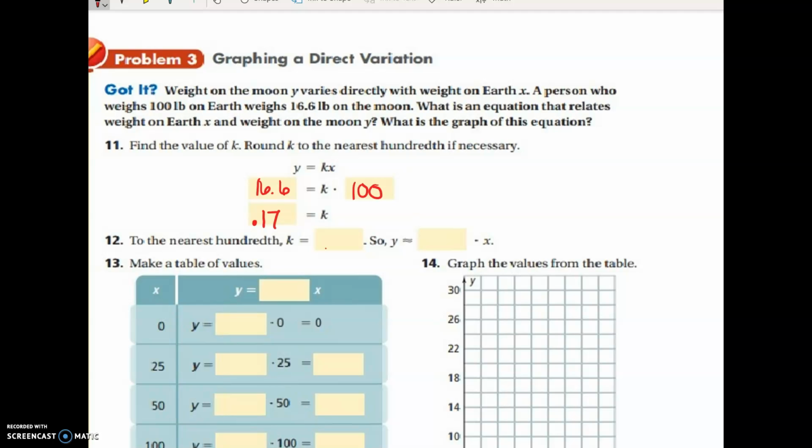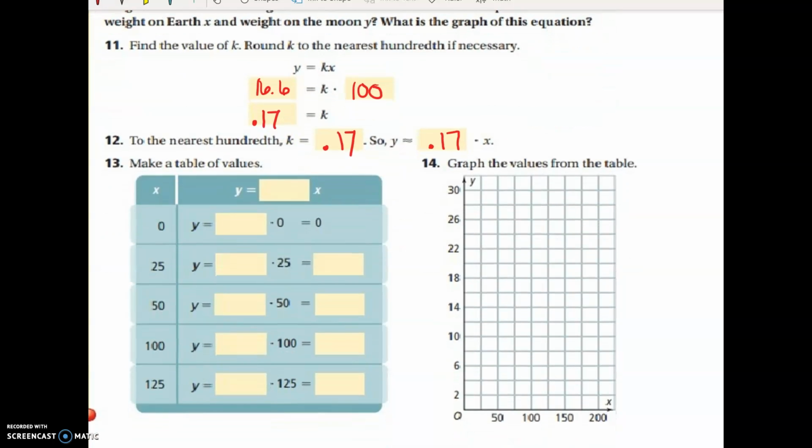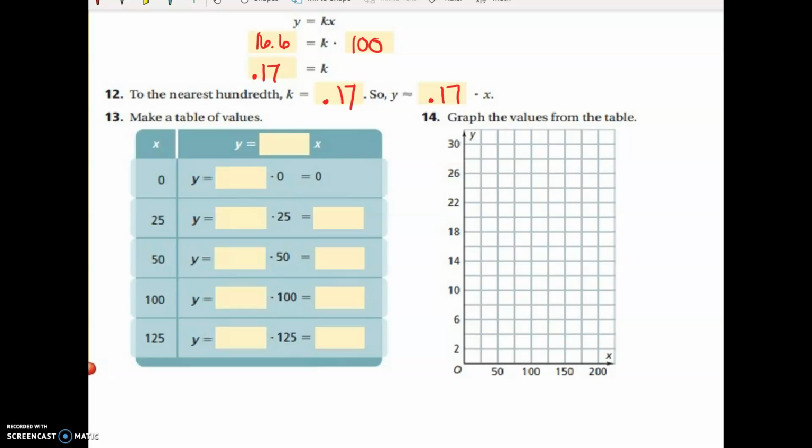So k is 0.17. That means our equation is going to be y equals 0.17x. We're going to use that equation to make a table of values. Think about just your XY chart, and then we would take those ordered pairs and graph them on our graph here.